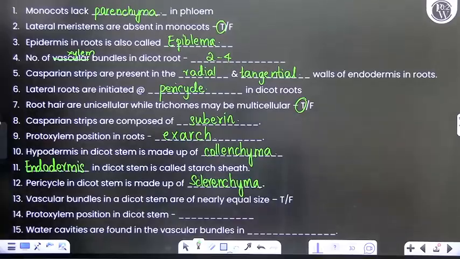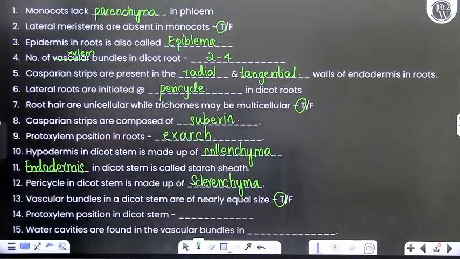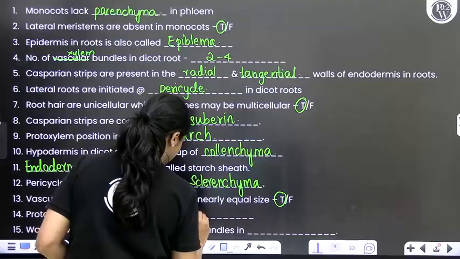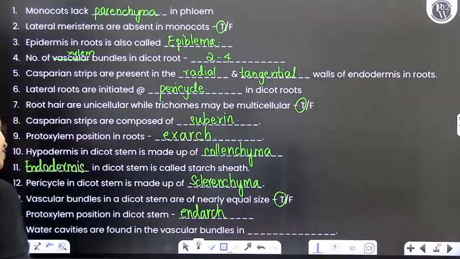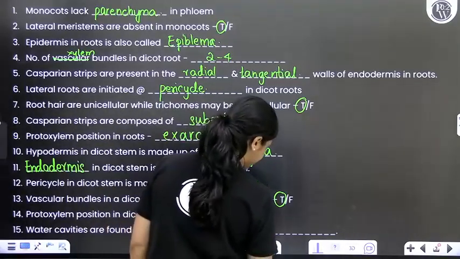Vascular bundles in dicot stem are of nearly equal size, yes. Protoxylem position in a dicot stem is endarch. Water cavities are found in the vascular bundles in monocot stem.